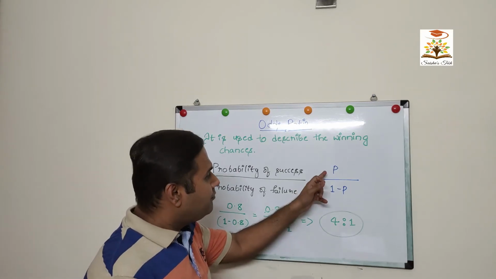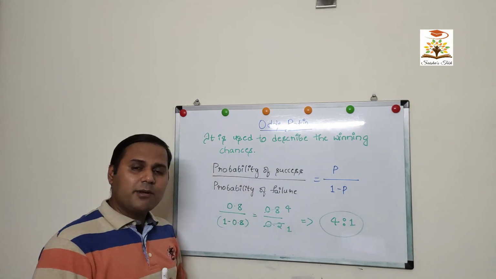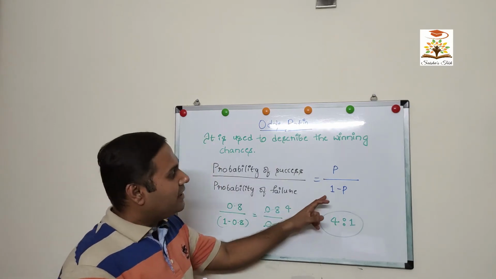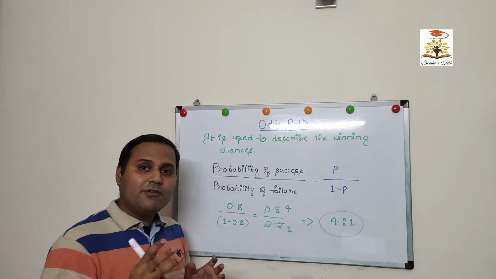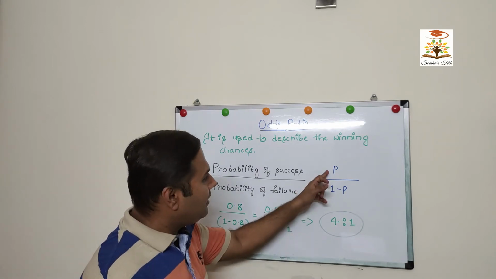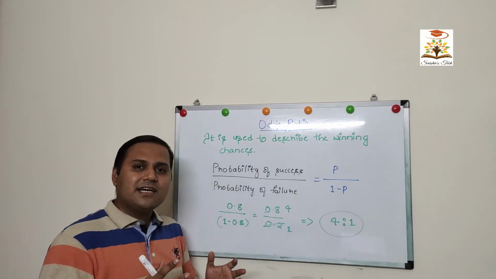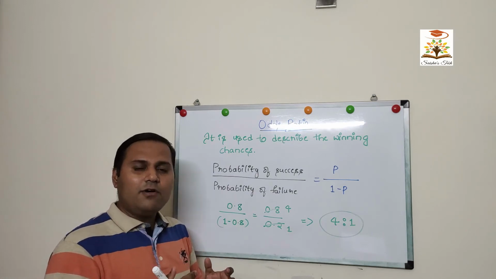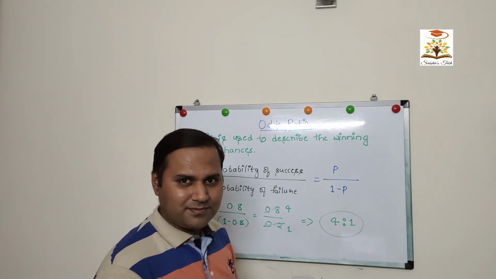Mathematically, if P is represented as the probability of success, then 1 minus P is the probability of failure. The ratio of P by 1 minus P is the formalized way of representing odds ratio.